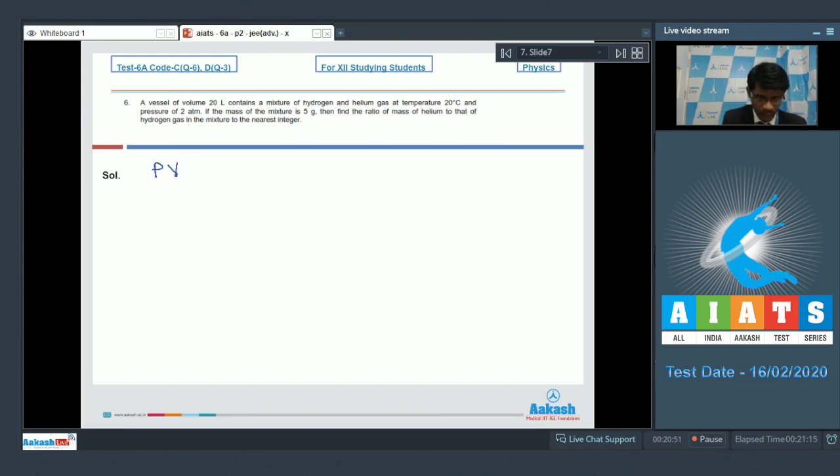V was 20 liter. N, how much is it? Let the mass of hydrogen be M1 and the mass of helium be M2. So M1 plus M2 was given to be 5 gram. Here the total number of moles would be N1 plus N2, N1 being M1 divided by molar mass of hydrogen, which is 2, plus M2 divided by 4.